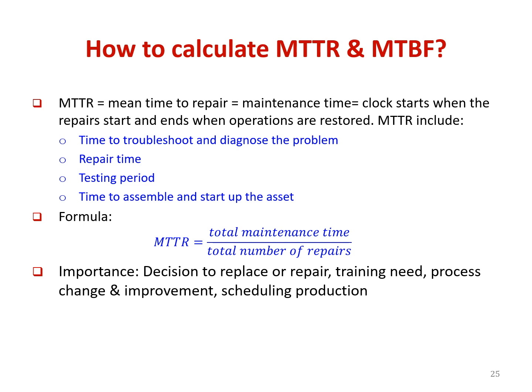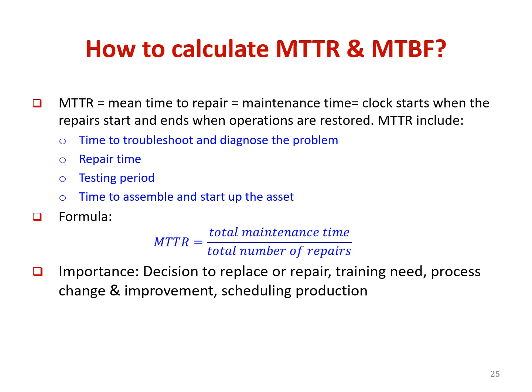MTTR includes the time to troubleshoot or diagnose the problem, the repairing time, the testing period, and the time to assemble and start up the asset. So it is the maintenance time where production is not happening.